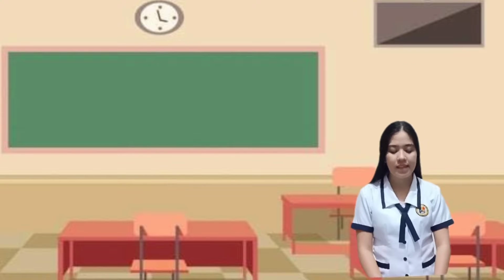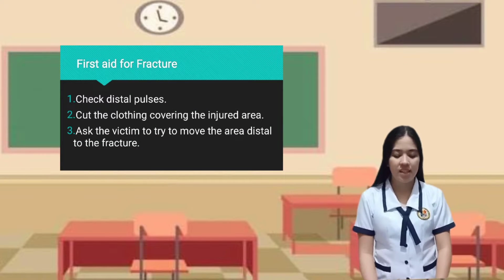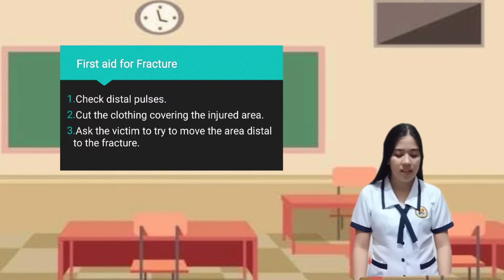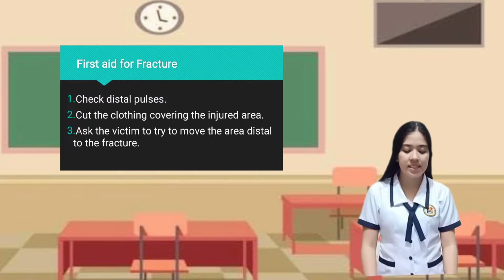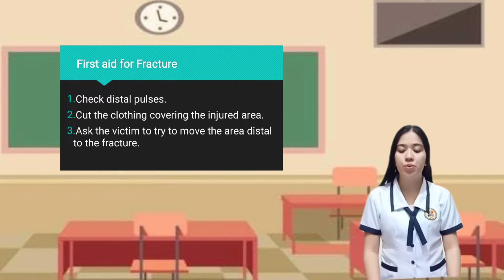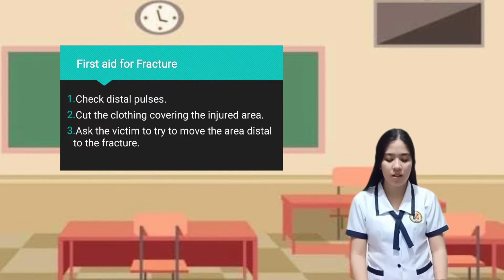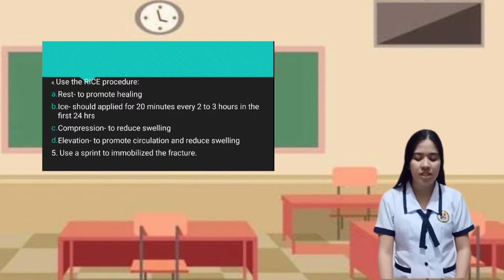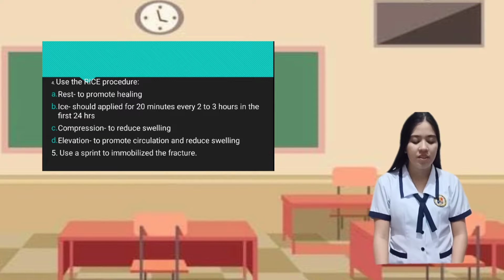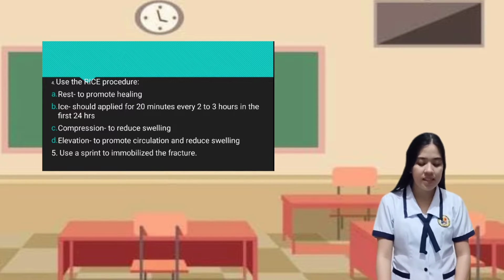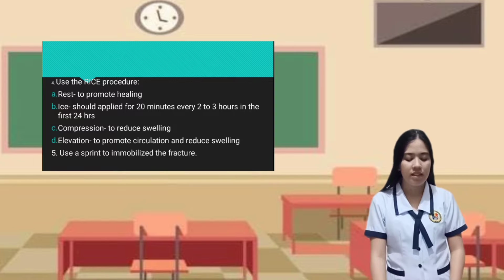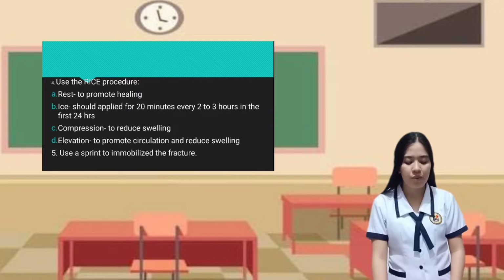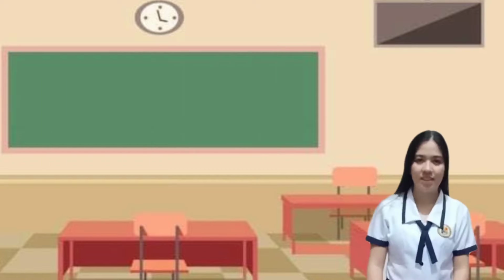Number 1 is check distal pulses. Number 2, cut the clothing covering the injured area. Number 3, ask the victim to try to move the area distal to the fracture. Number 4, use the RICE procedure: A, rest; B, ice; C, compression; D, elevation. And number 5 is use a splint to immobilize the fracture.